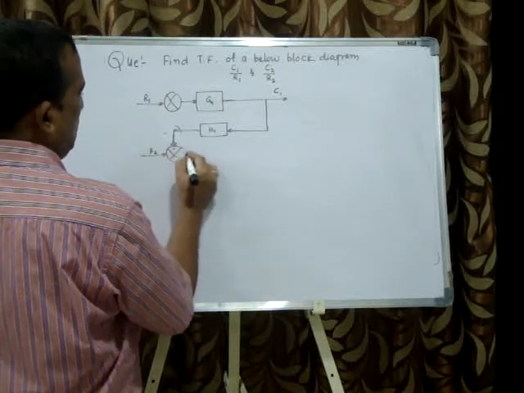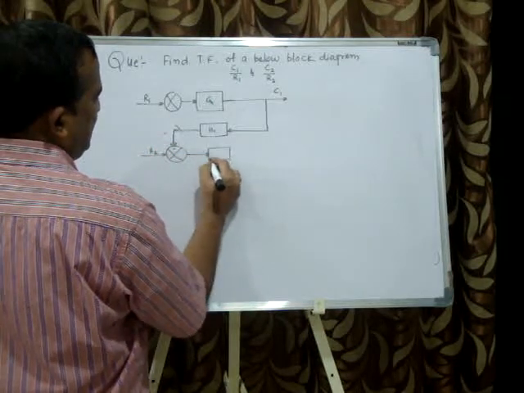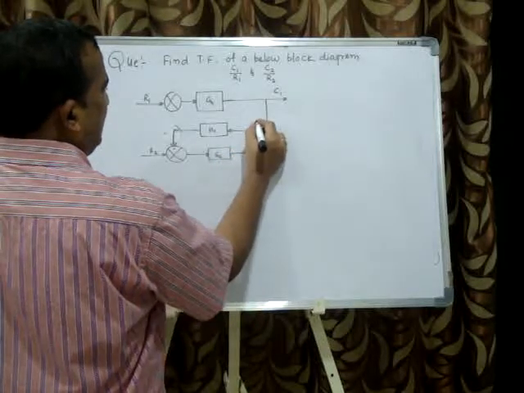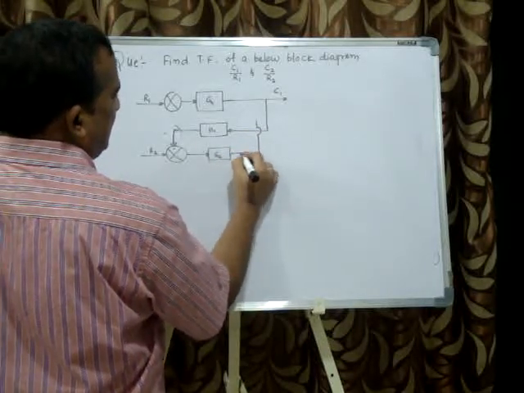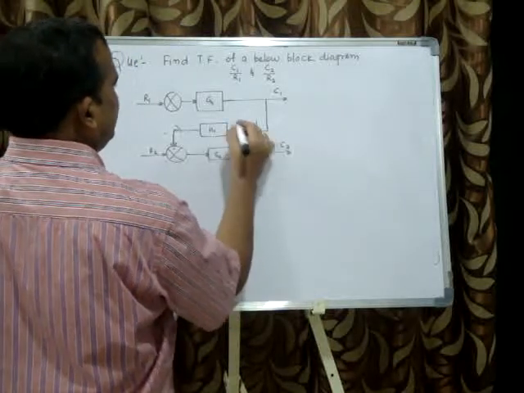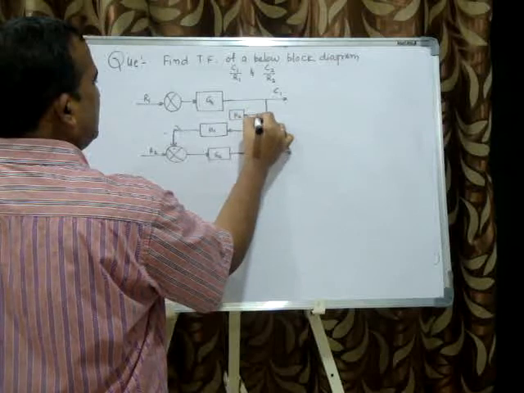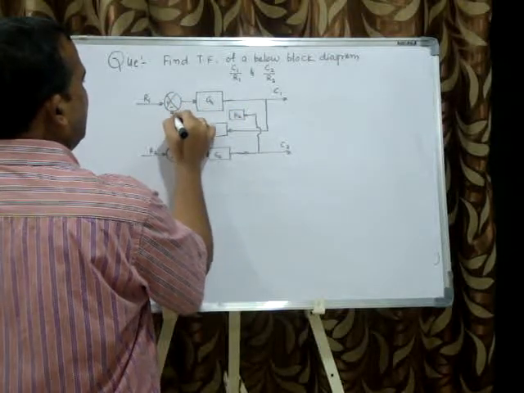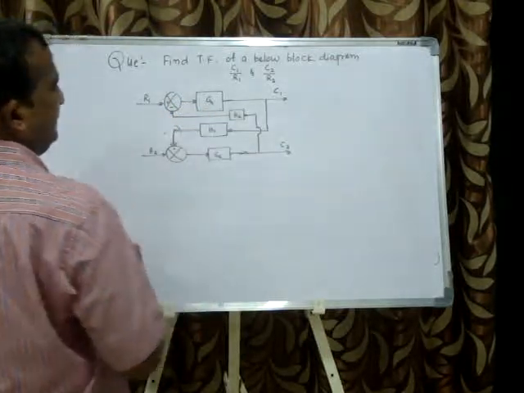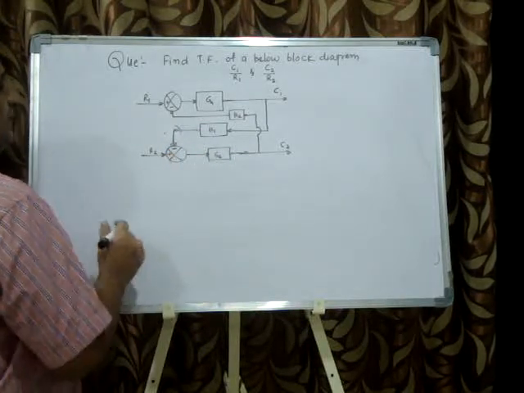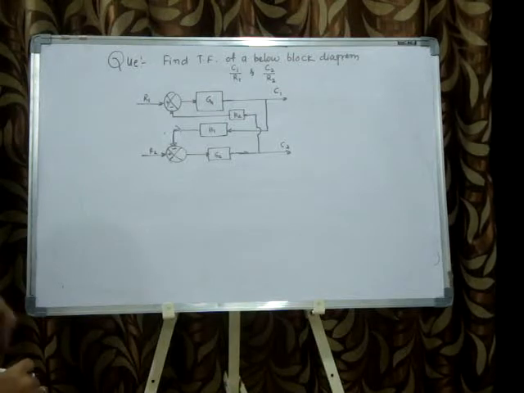R2, G2, and here C2, and here H2, and here minus. This is the given block diagram.